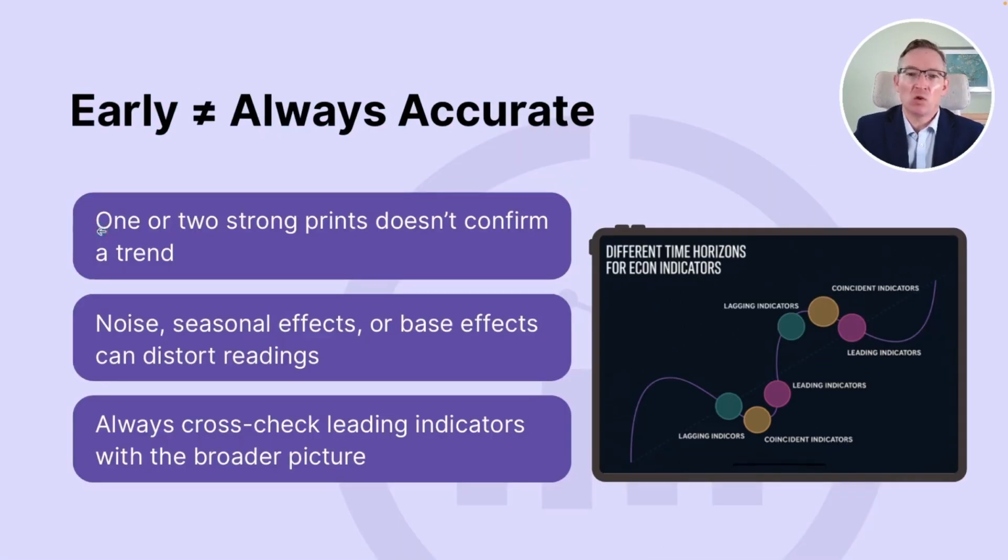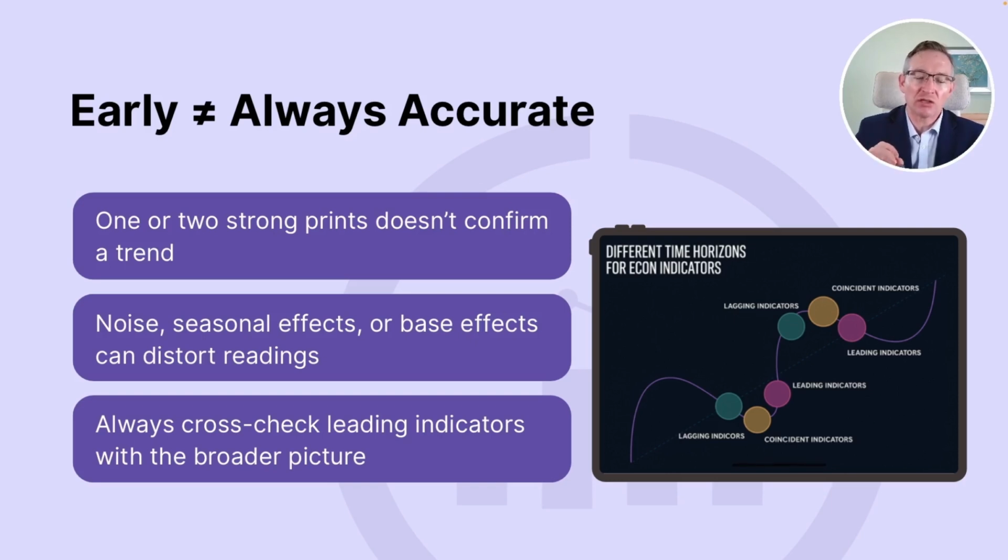However, you need to have caution with leading indicators for some of the reasons that I've just outlined. It's very important to remember as well that early doesn't always mean it's accurate. Leading data can be noisy, especially short-term prints. Seasonal patterns or one-off factors can cause misleading signals, just like the tariffs that happened in 2025.